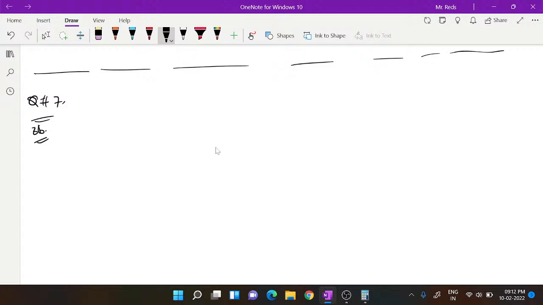So let us consider this equilateral triangle. Three charges minus q, plus q and minus q are placed at the vertices of this.